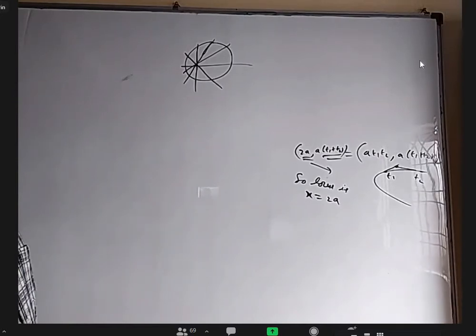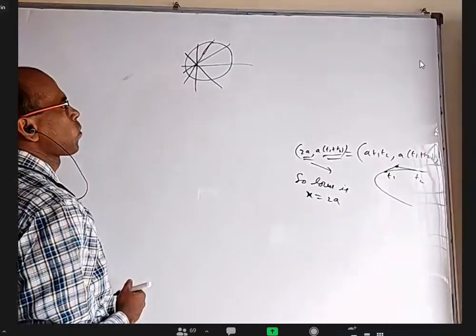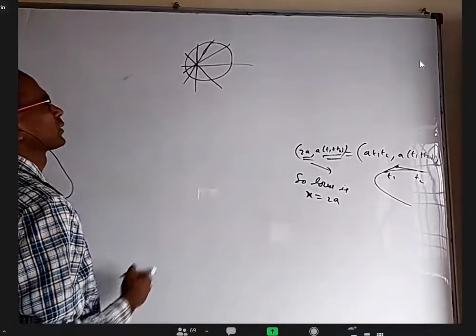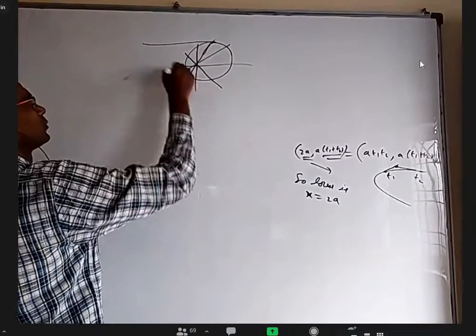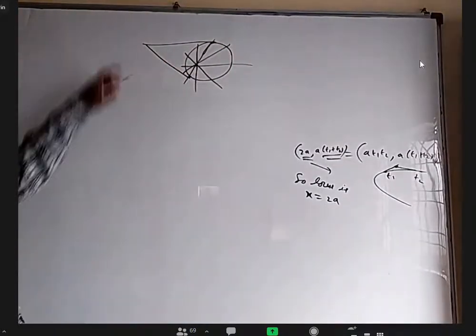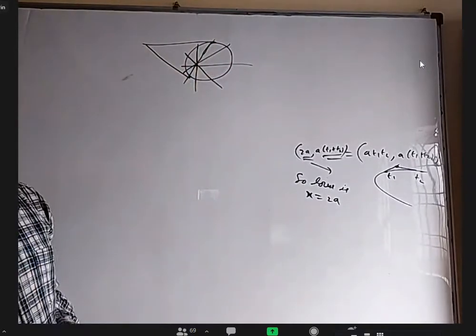Draw tangents at the endpoints of the chord. We don't even know that point; they will intersect somewhere.